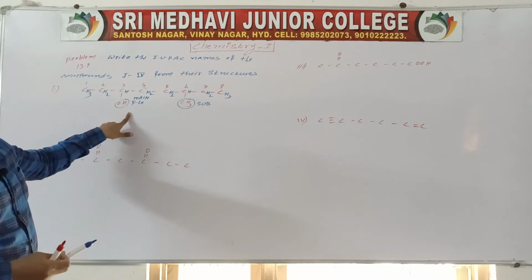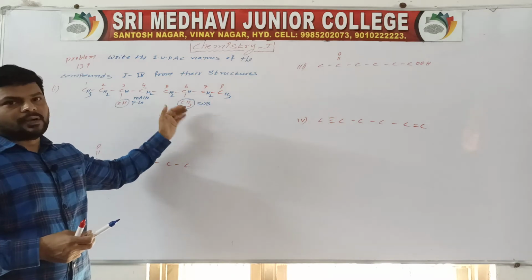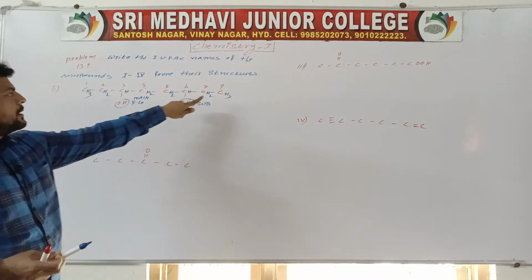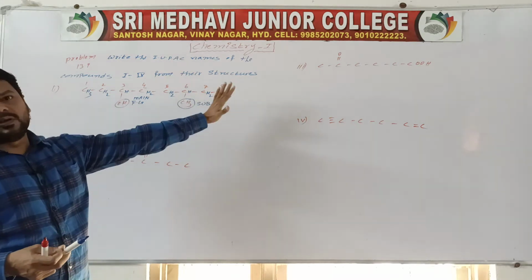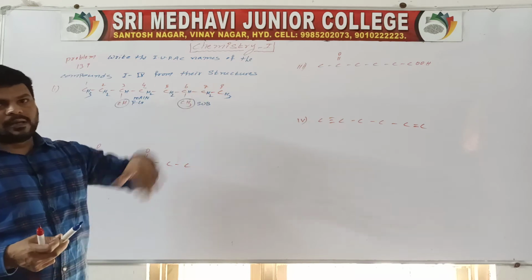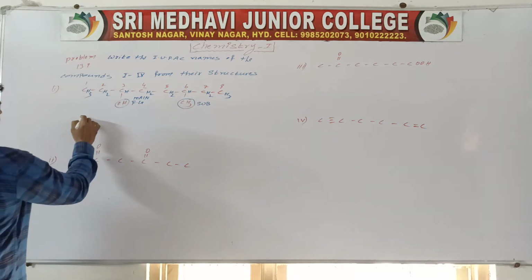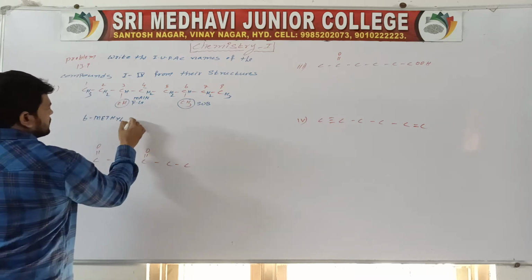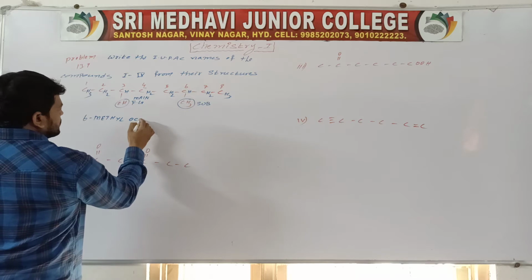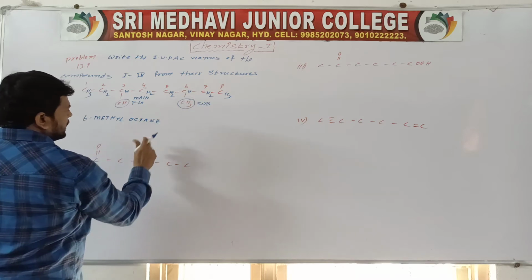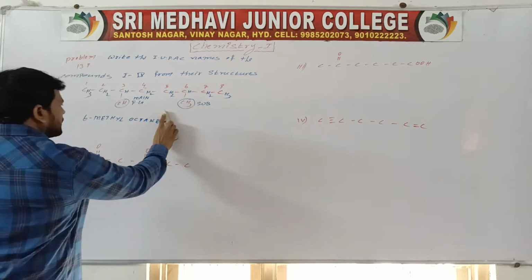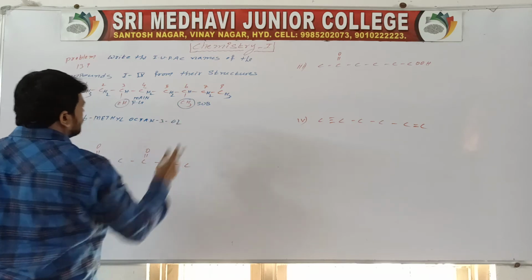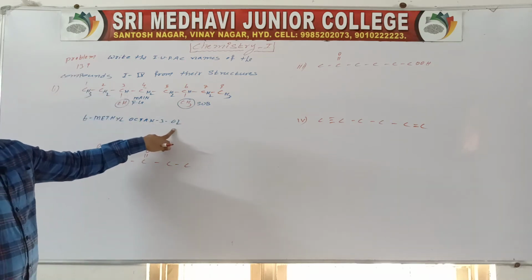The main functional group we write as a suffix, and the substituent we write as a prefix. So 6-methyl octane plus ol. The name of this compound is 6-methyl octan-3-ol, because the third carbon contains the alcohol group.